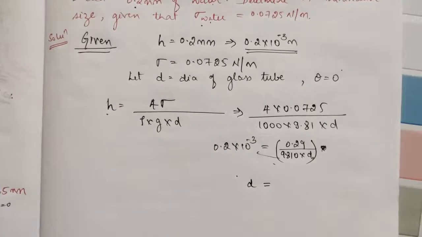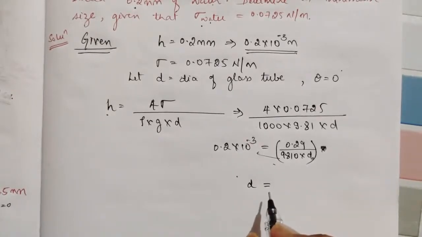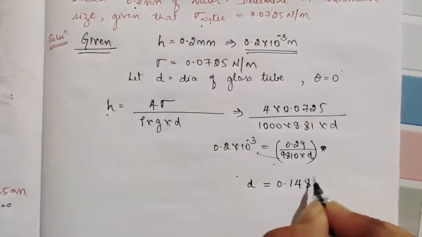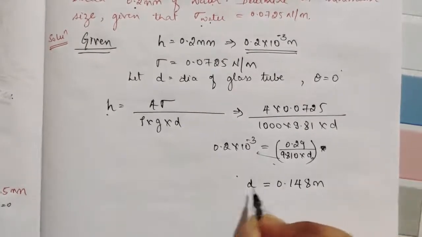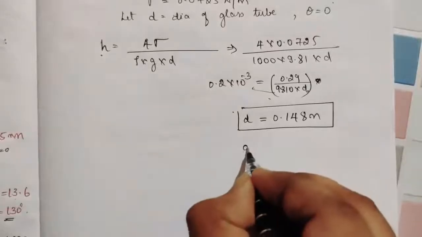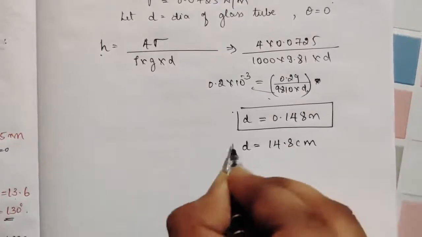So 0.2 into 10 power minus 3 into 9810 divided by 0.29, and your answer is 0.148 meter. So we can also write that D as 14.8 centimeter.